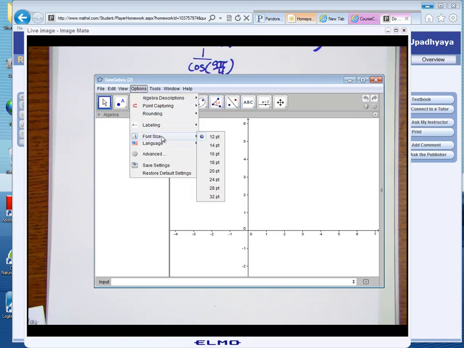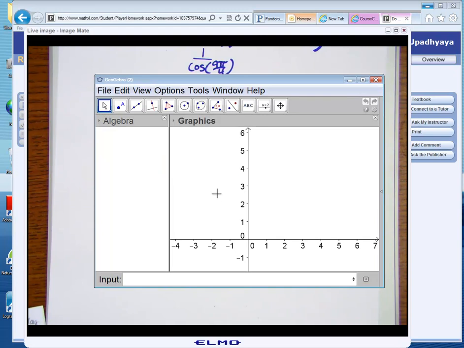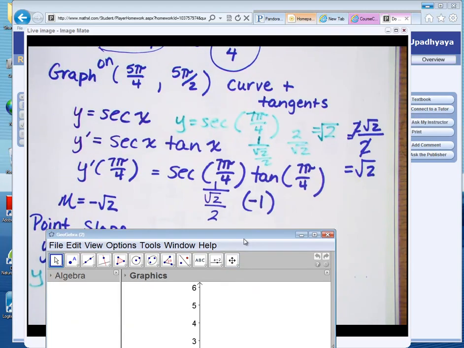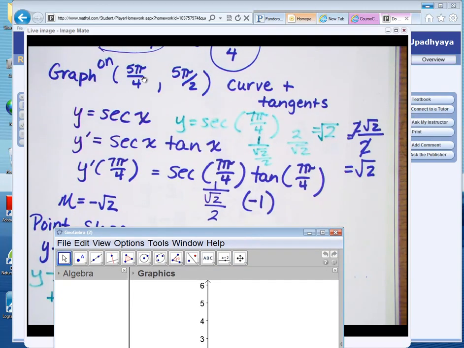Alright, so let's make our font size bigger. And first of all, let's get the f of x. Now notice that in the original instructions, it said to graph it in the range of 5 pi over 4 to 5 pi over 2.